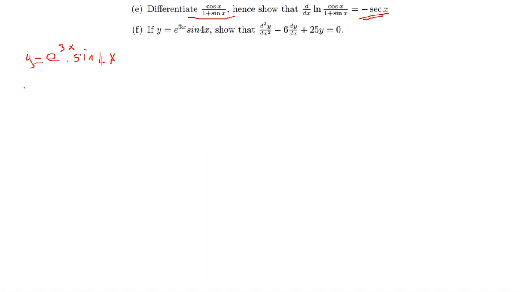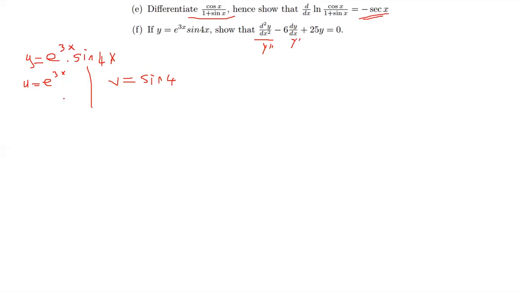So our u is going to be equal to e to the power 3x, and our v is going to be equal to sine 4x. Like I said earlier, when you see d2y/dx2, it's just the same as y double prime, and dy/dx is just the same as y prime.